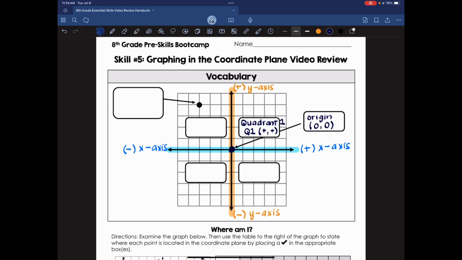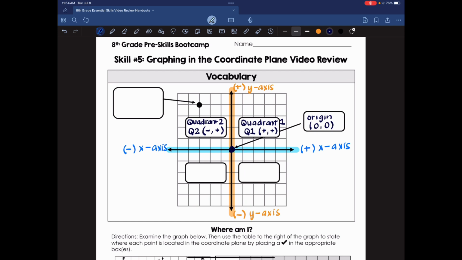Then we go counterclockwise to find quadrant 2. Sometimes we can abbreviate it Q2. Here, if I think about my x-axis, my x is negative, but my y is positive.